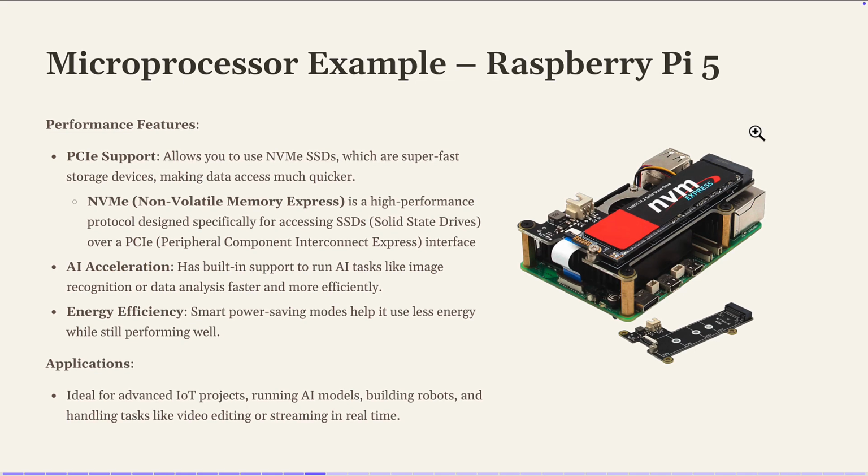Okay, so this is a picture that shows how we can plug in an external SSD hard drive, maybe 128 or 256, depending on what you want, through the PCIe, non-volatile memory express, okay, which provides a high-performance protocol designed specifically for accessing SSDs.